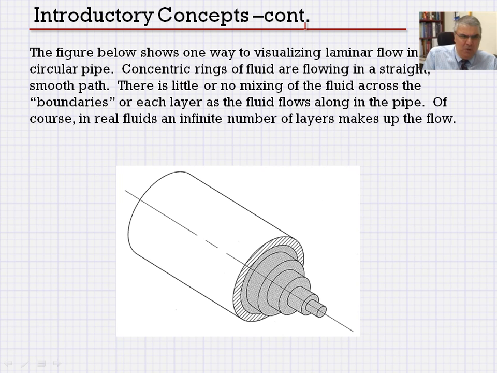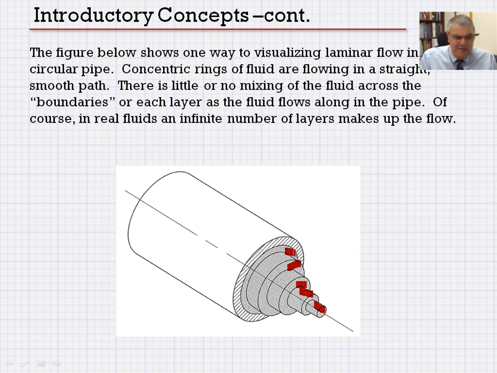If we look at the flow through a circular pipe in layers as such, this is one layer, this is another layer, this is another layer, and so on. We can divide this into an infinite number of layers, really discretizing it into these different layers and look at them differently.